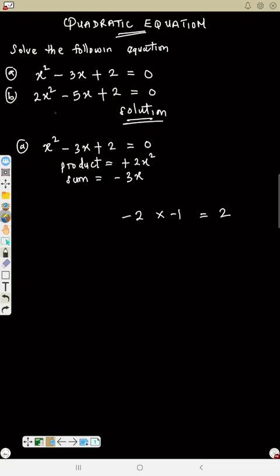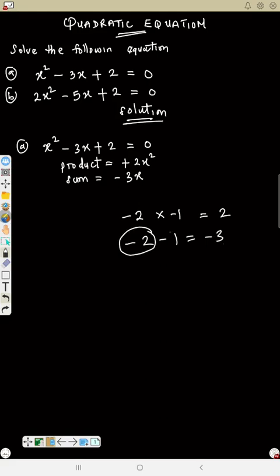But remember the first one, when we have plus here and we have minus here, I said put minus in the smallest number. Now, minus times minus will give you plus. So we can say minus 2 times minus 1 is 2, and minus 2 minus 1 is minus 3.